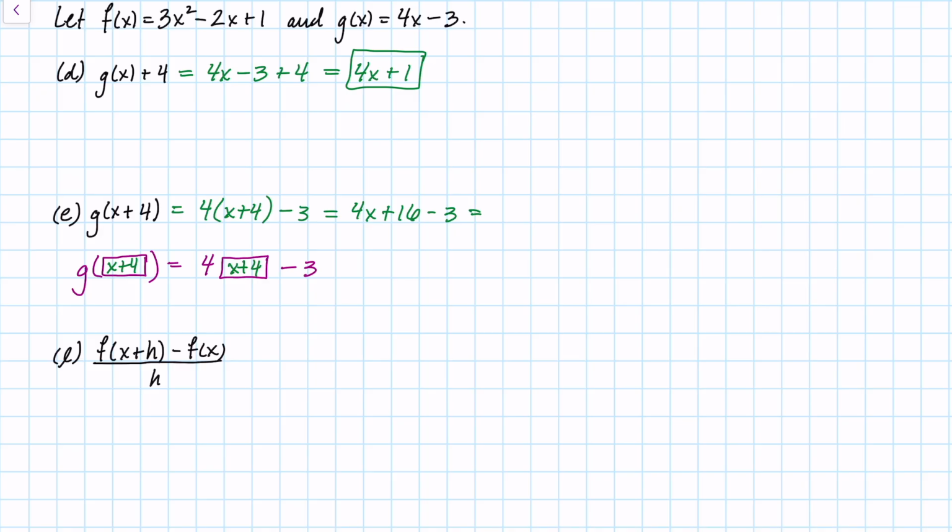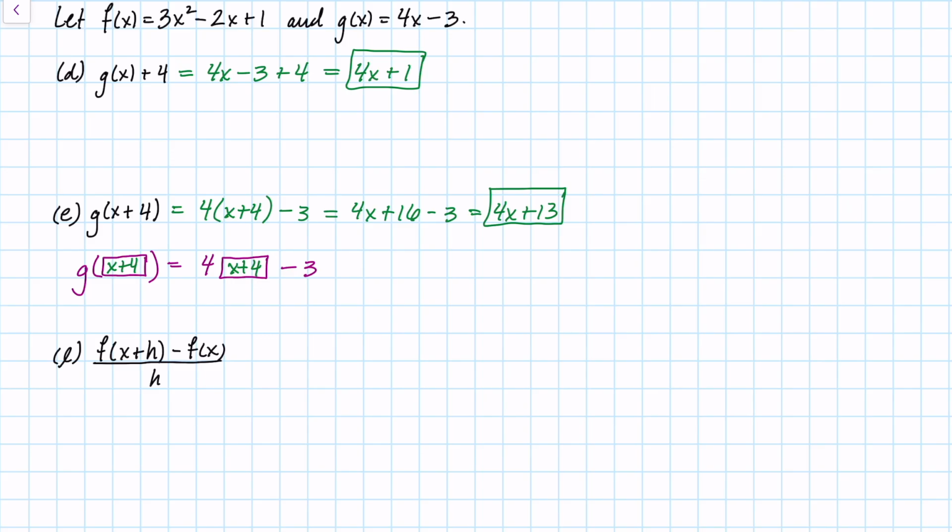And this is the same as 4x plus 13. And this is our solution. Okay, so whenever you see a weird input, like in this case, x plus 4, think about it in terms of an empty box that you can put whatever you want, and that is actually my x. And once you figure out what you have to put in that empty box, the rest is just simplification.